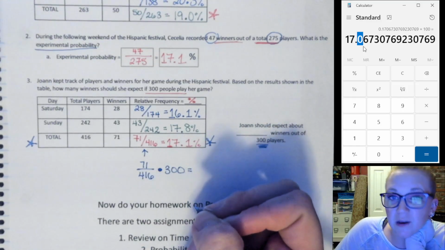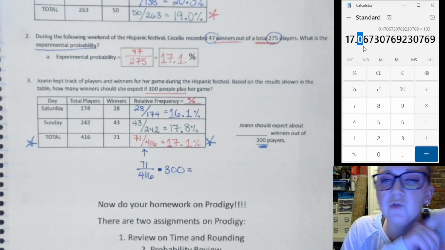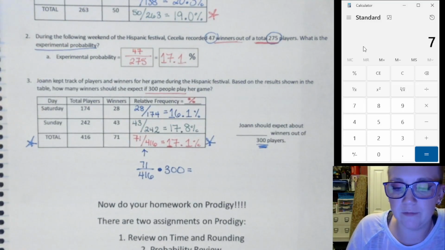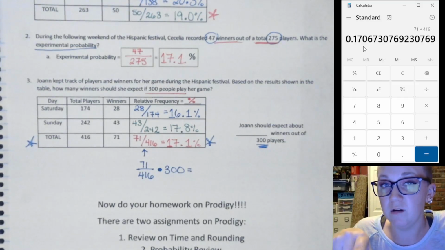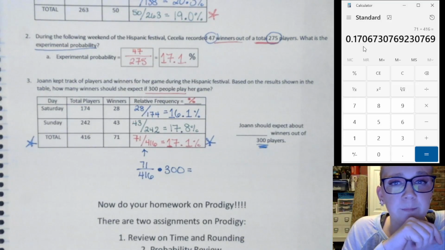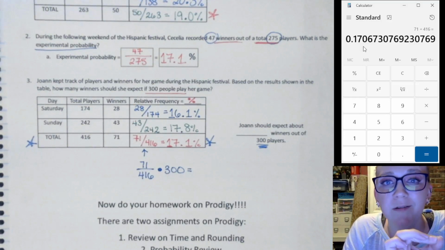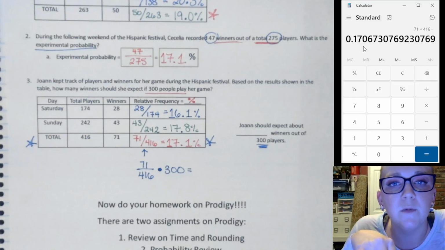And that will tell you how many of them would have won. Okay, so do the fraction part first. So 71 divided by 416. You should get that big ugly decimal, right? Now you're going to hit times 300. And that's how you find how many like outcomes it would have.